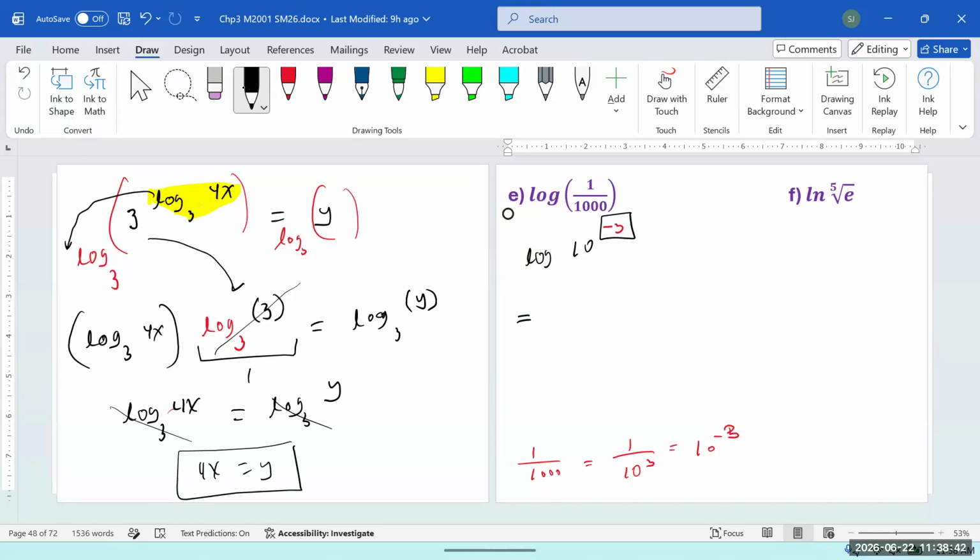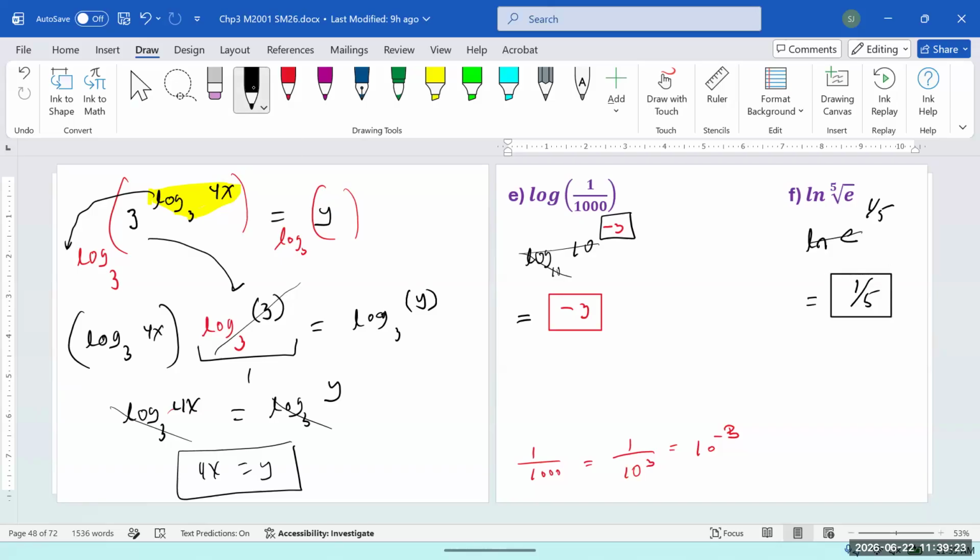You rewrote, so what's the answer? -3, because we have the invisible 10 here, so everything cancels out. The exponent is the answer. Great. The last one. Gabriella. The fifth root of e is the same as e to the 1/5, so ln of e to the 1/5. e and ln cancel out. Perfect.